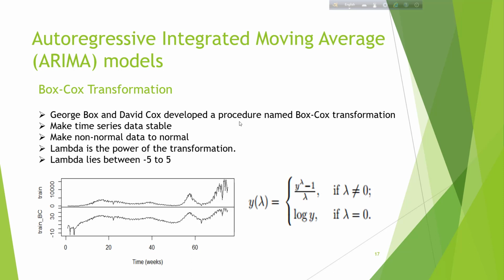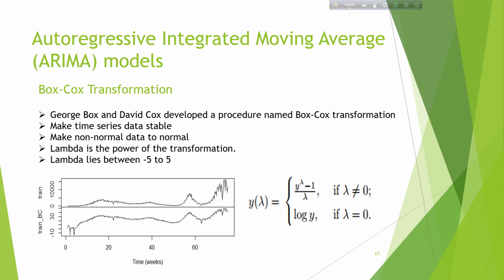The transformation of y, that means dependent variable, has the following form. The form is that y of lambda is equal to y to the power lambda minus 1 divided by lambda, if lambda is not equal to 0. But if lambda is equal to 0, then it will be log y. That means the lambda is the power of the transformation.